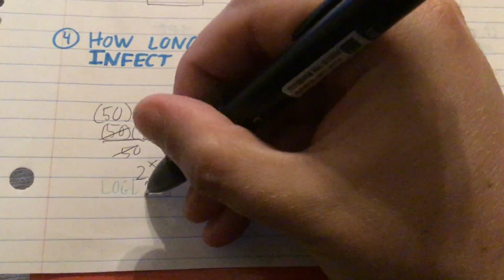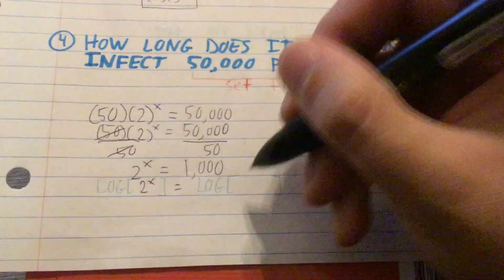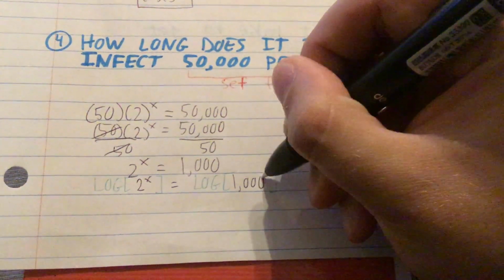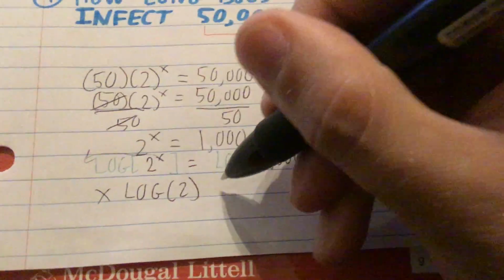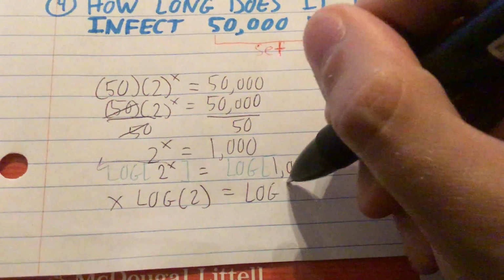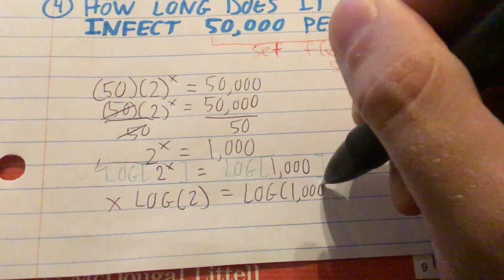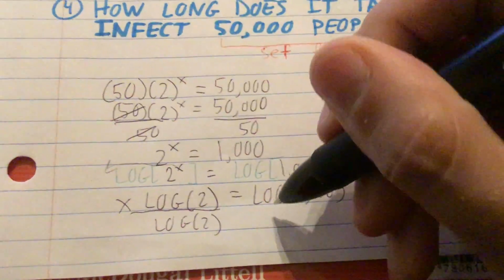So log of 2 to the x is equal to log of 1,000. And what do we know? We can make this x fly to the front, and this becomes x log of 2 is equal to log of 1,000. Now we solve for x by dividing both sides by log of 2.